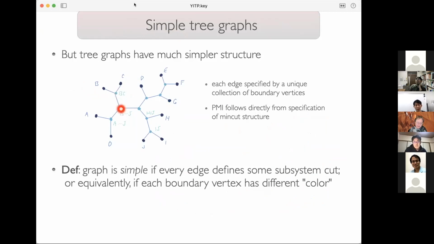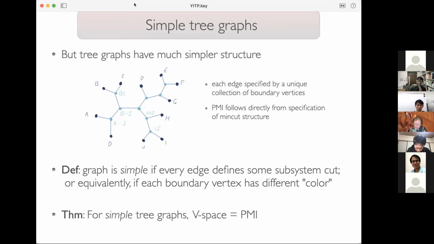So for example, this edge you can think of as forming a cut for this BC subsystem. This edge is forming a cut for this composite DEFGHIJ subsystem, and so forth. So each edge has its own subsystem, and that provides an enormous simplification.